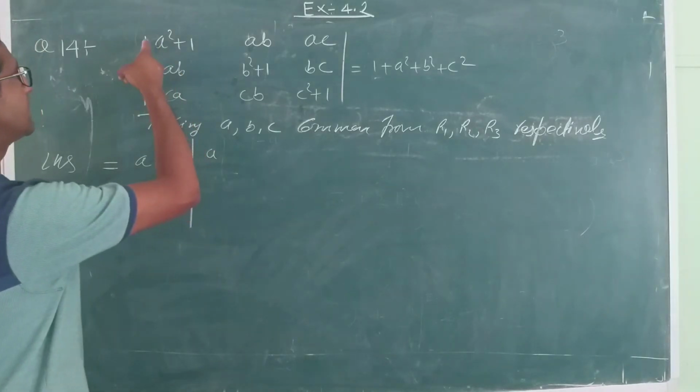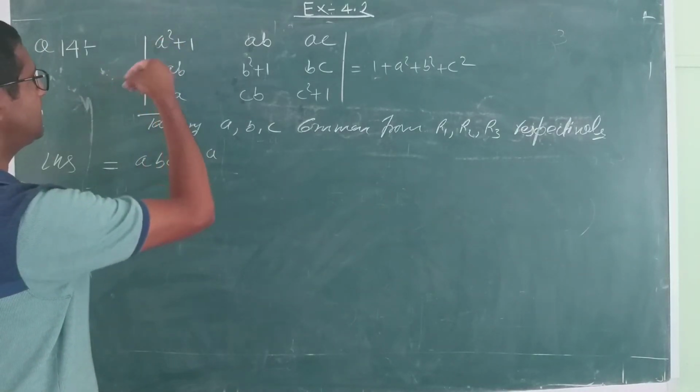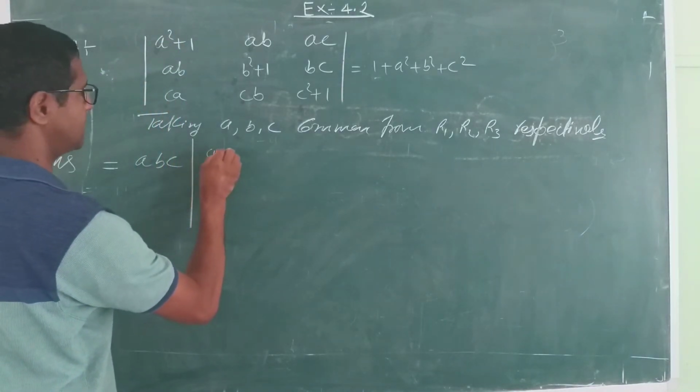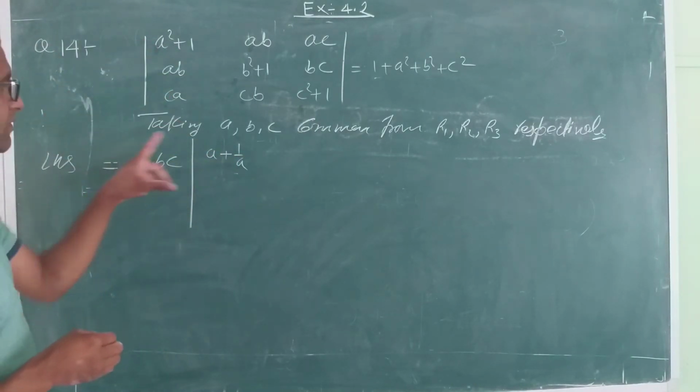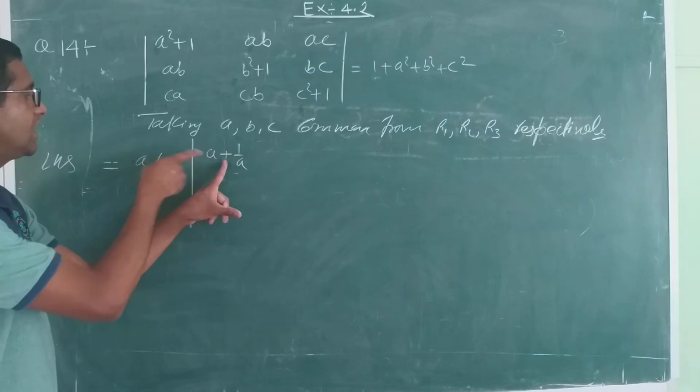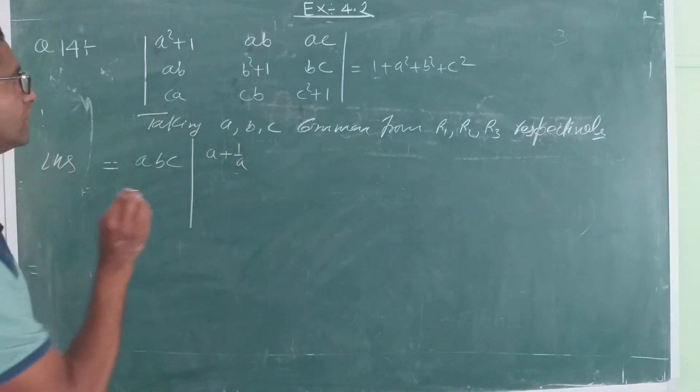If you take A common, what will be left? A plus 1 upon A. If you multiply by this A, you will get A square plus 1.